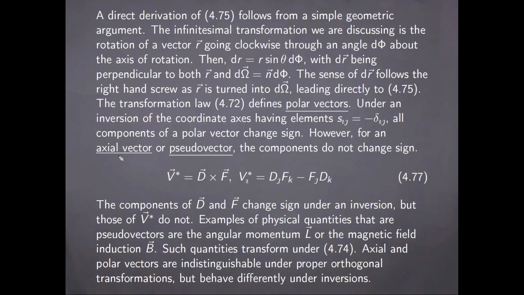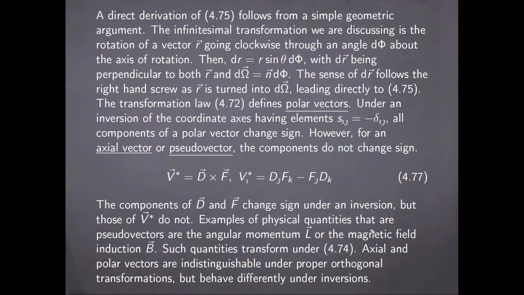However, for what is known as an axial vector or a pseudovector, the components do not change sign, and pseudovectors are defined as the cross product of two vectors having the components given here. And the components of these two vectors, let's see, d and f, change sign under an inversion, but what will follow is that the components of their cross product, the pseudovector v star, do not.